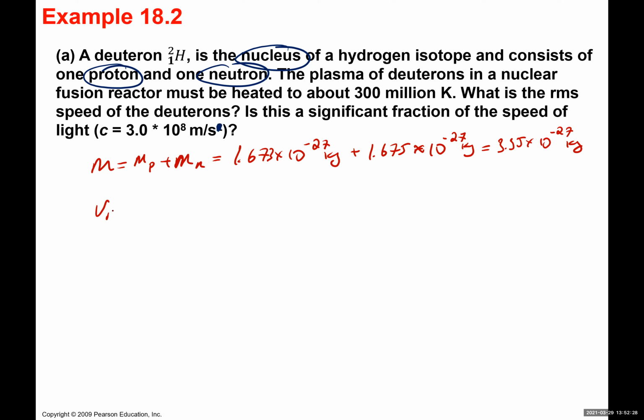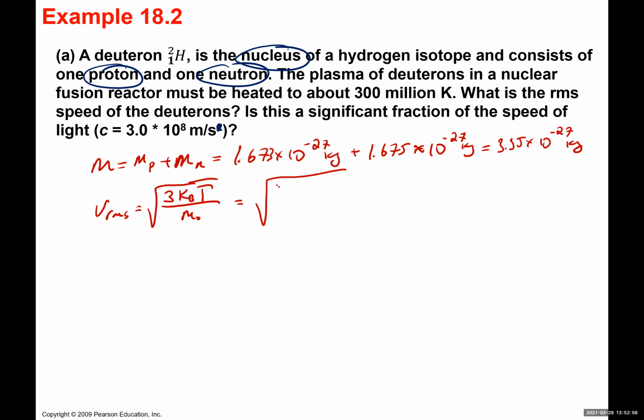Then I can say VRMS is equal to the square root of, remember there was an equation where we can use the mass, right? The equation was in terms of 3/2, sorry, actually the half cancels out. So 3 kBT over the mass, like this.